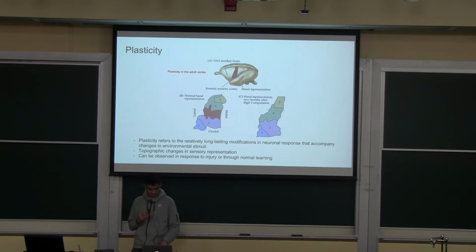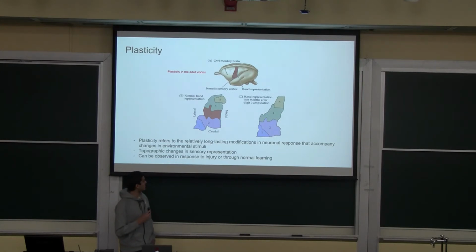If the third digit is amputated, other areas basically take over that area of S1, the somatosensory cortex, and that's what we mean by plasticity, and those changes are long lasting.